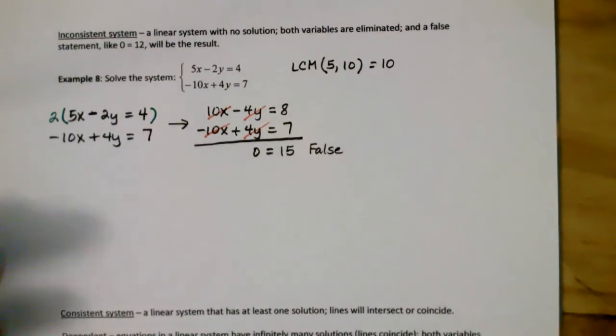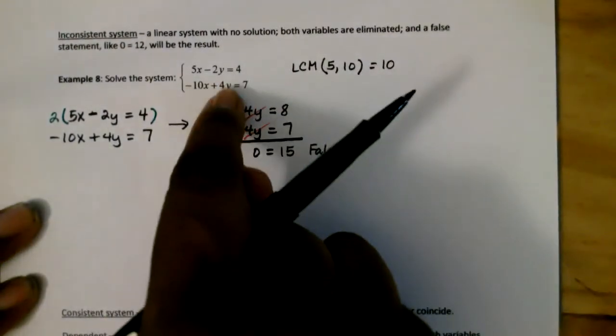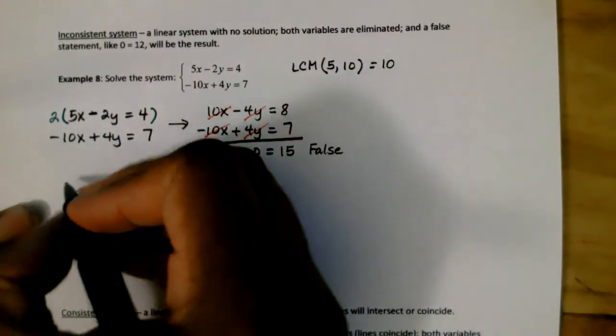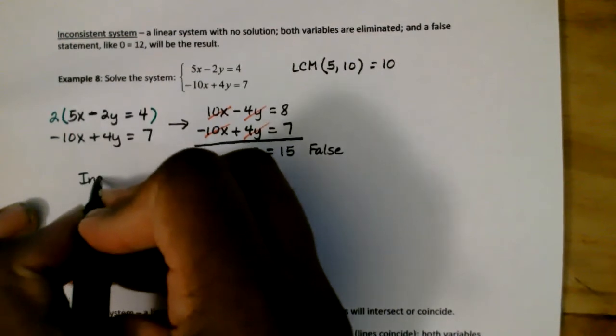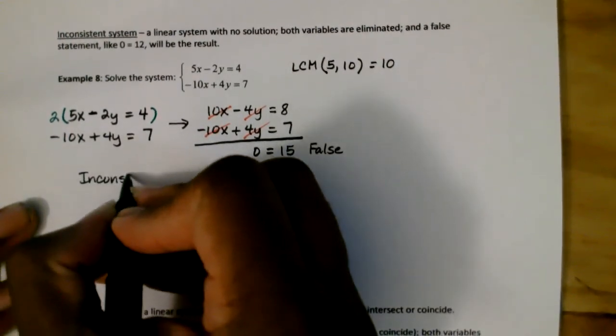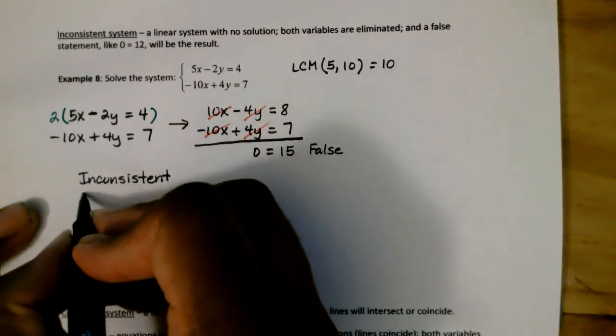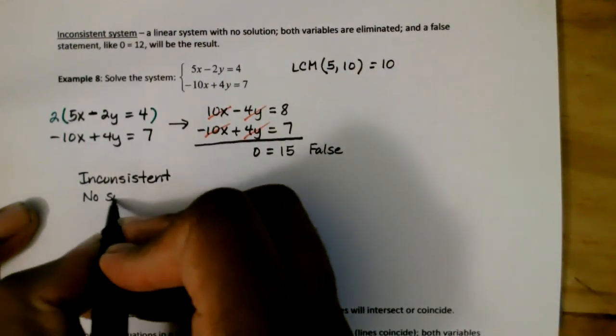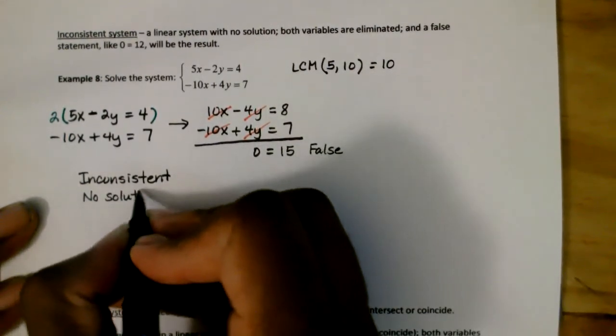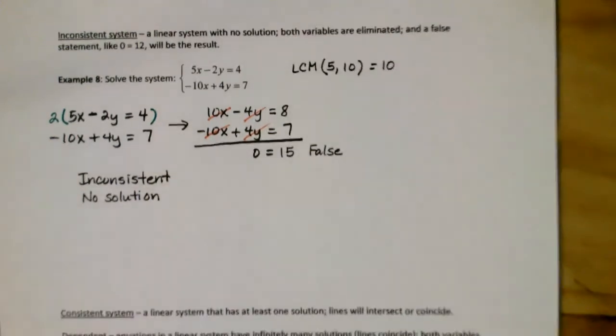So that means this system of linear equations is considered to be inconsistent. And if it's inconsistent, that means your system will have no solution. Okay?